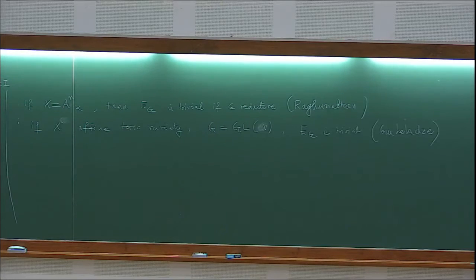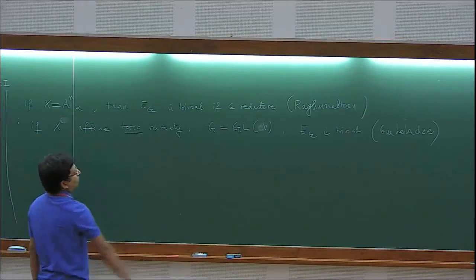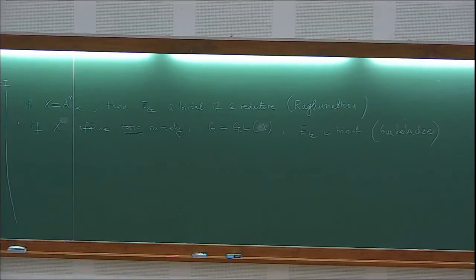Toric variety. I'm not sure how special K is there. K is probably, or I'm not sure if it's any algebraically closed field, but it could be even just the complex numbers in Gubeladze's result.